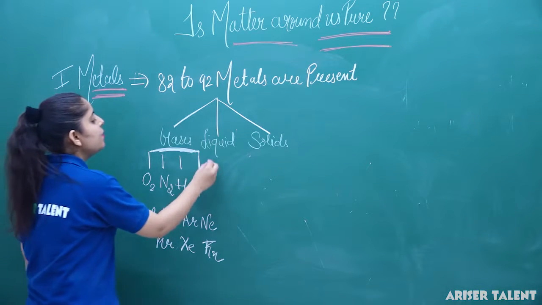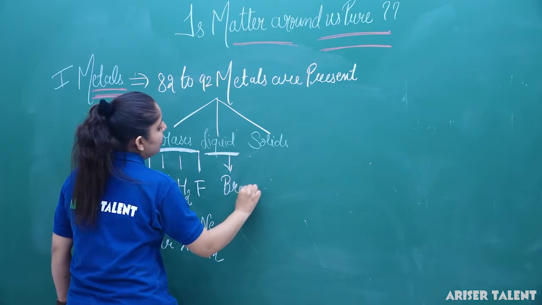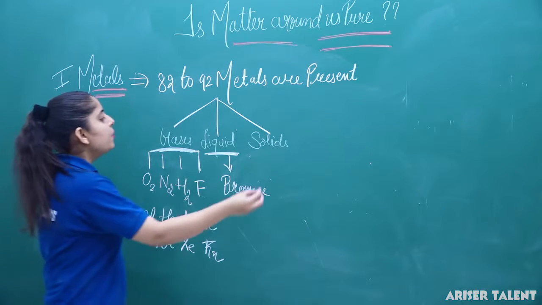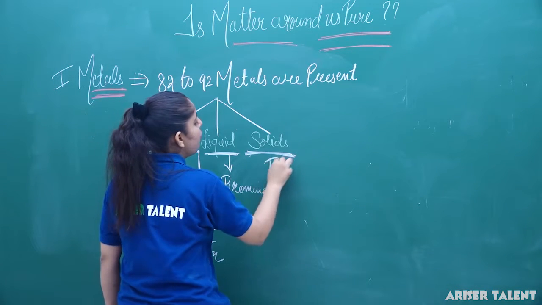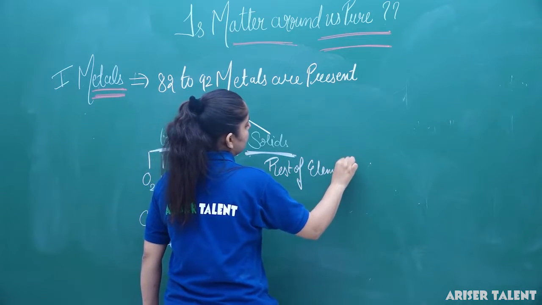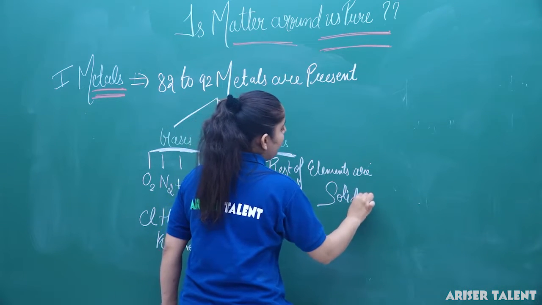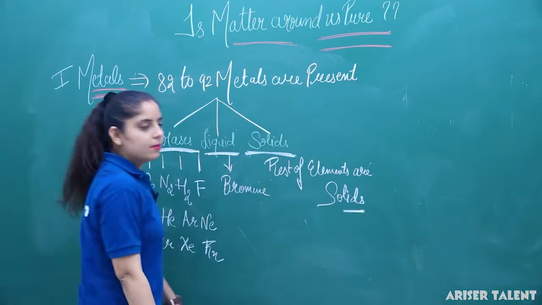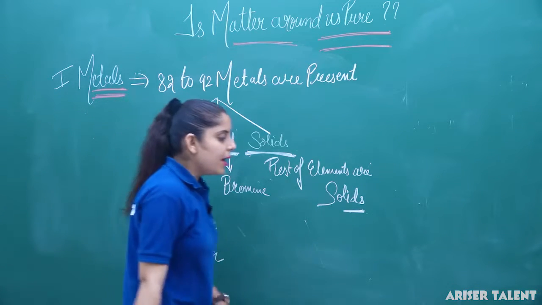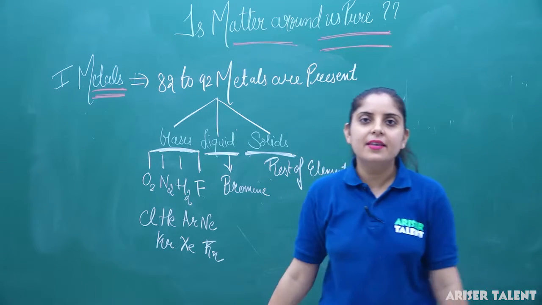If I am talking about bromine, bromine is the only liquid non-metal. Clear? If I am talking about solids, the rest of the elements are solid. So only bromine is a liquid here, and the rest of the elements we have are metals only, in their solid state.